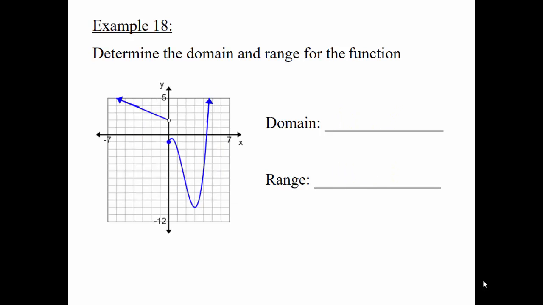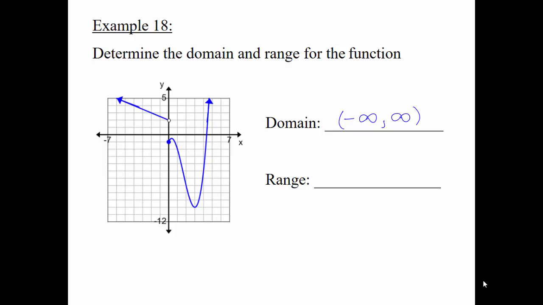Looking at this one, we've got arrows on both sides. So that means it's going from negative infinity to positive infinity. The highest value of the y, or the range, is going up with arrows, so it's going to go to infinity. But there is a low value. The low value looks like it's at negative 10. Then you have to look where there's that jump with the two graphs.